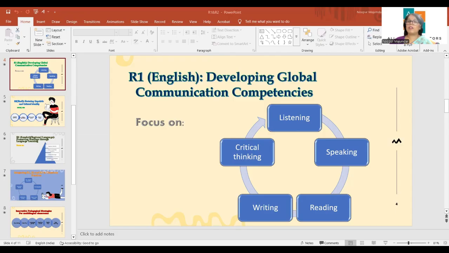Now, the focus is on 5 interconnected competencies. And what are these competencies? They are listening, speaking, reading, writing, and critical thinking, my dear friends, as you can see on my slide. So let's discuss about listening. Students should learn to listen actively. It's the vision.